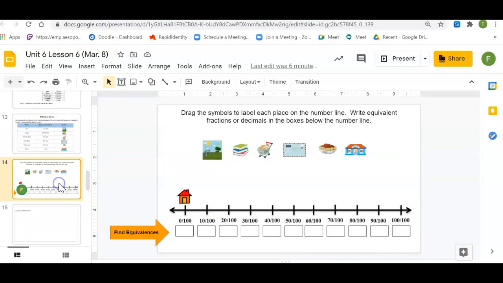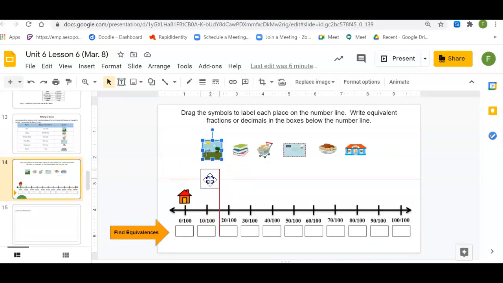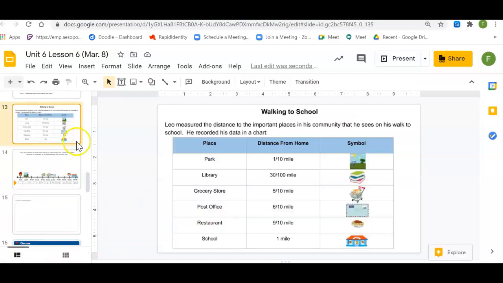So your goal is going to be to drag the symbol to wherever you think it should be. And then once you drag it, your next task is going to be to put down an equivalent fraction or decimal to the fraction that's already listed on the number line. So you're going to pause the video, and maybe I'll work the first one together with you.